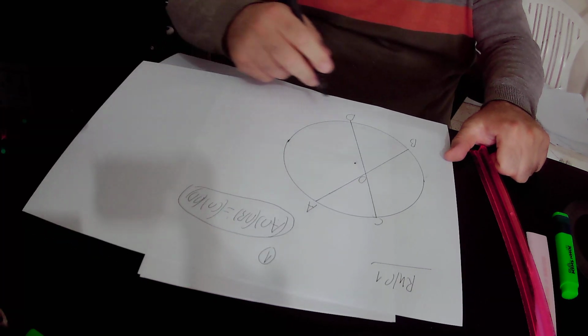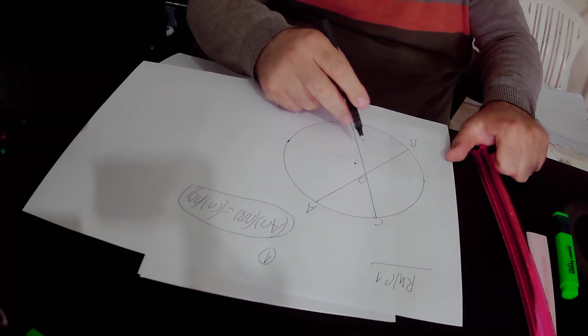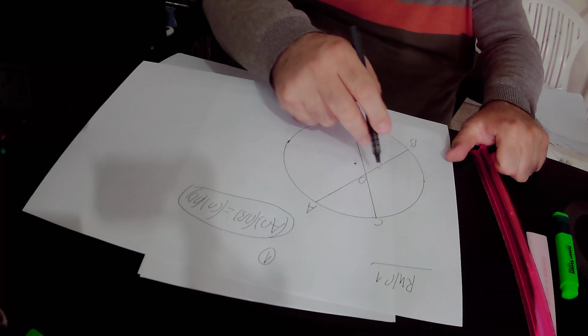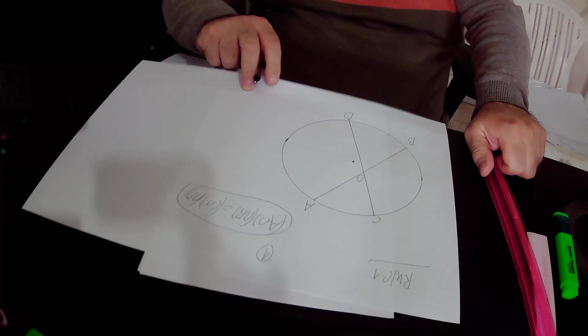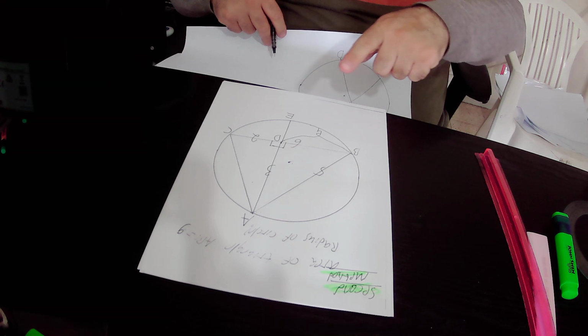I repeat again, if chord AB intersects with chord CD at point O, then AO times OB equals CO times OD.